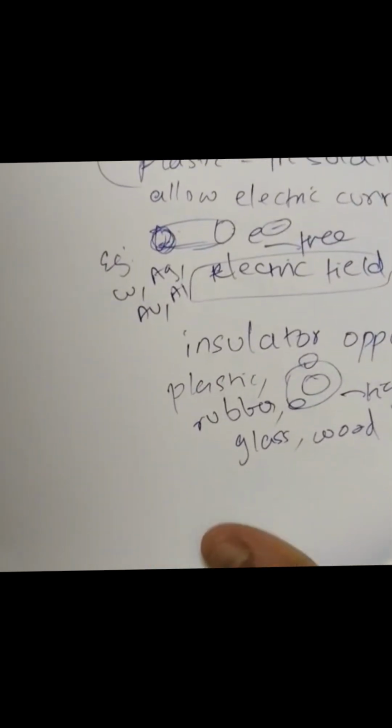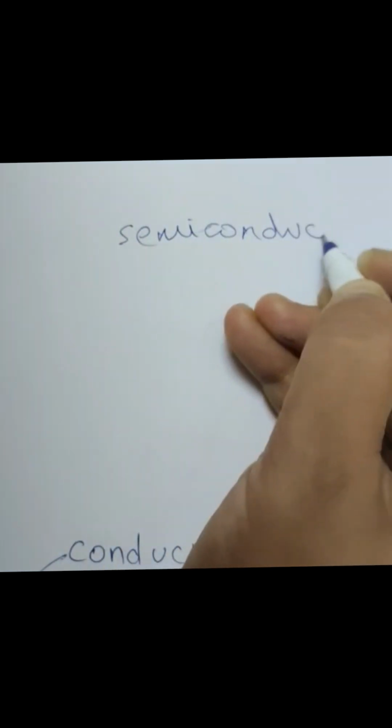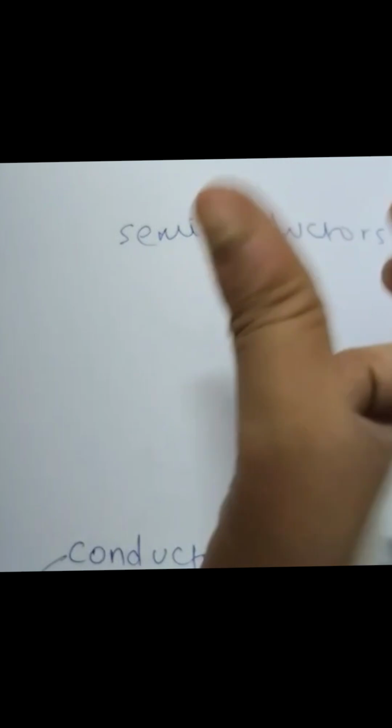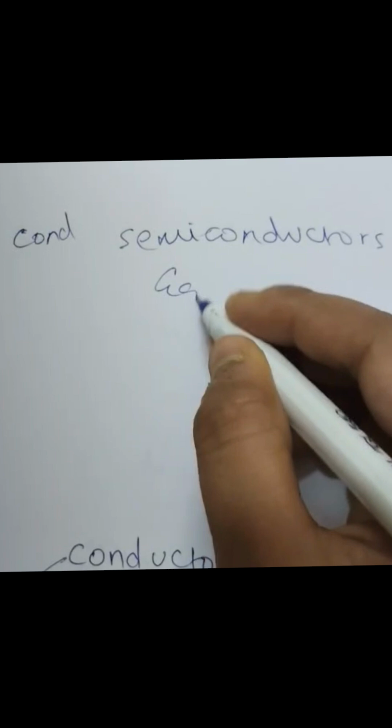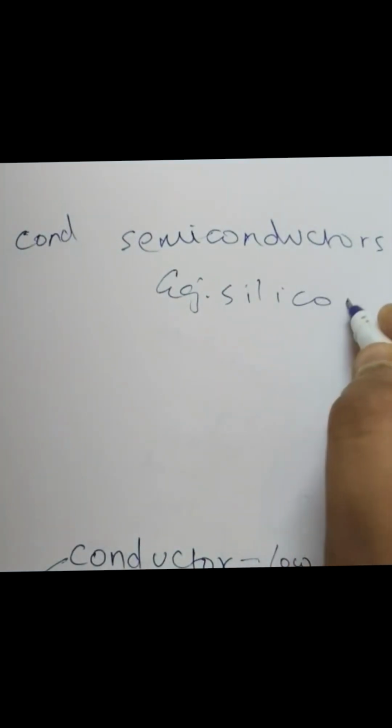Next is semiconductors. It is a material whose conductivity lies between conductor and insulator. It does not conduct electricity as well as copper, but it does not block it as completely as plastic. The most common example is silicon.